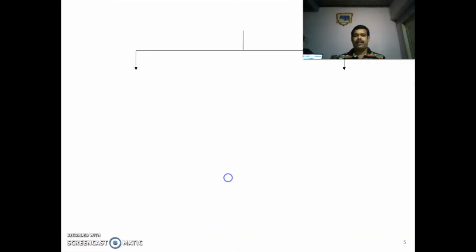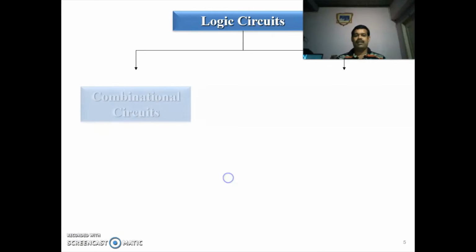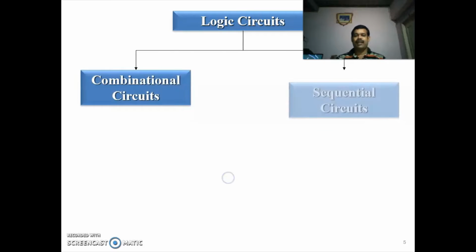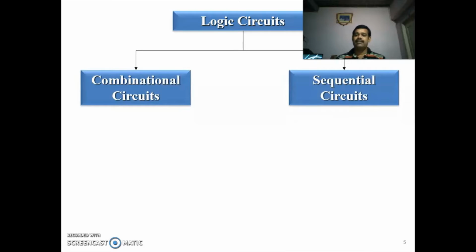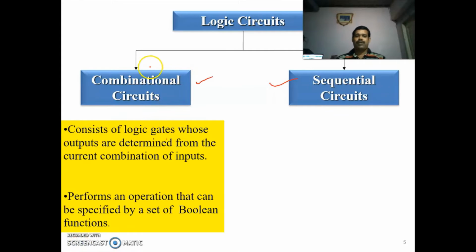In digital electronics, there are two types of logic circuits. One is combinational circuit and the second one is sequential circuit. In the combinational circuit, we have only logic gates.